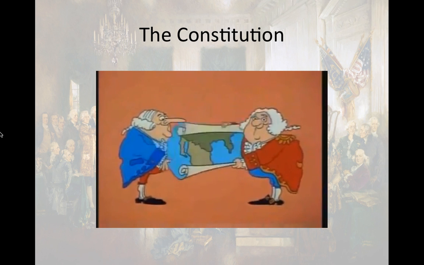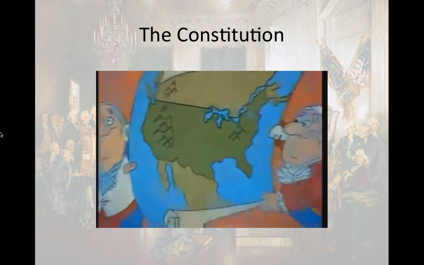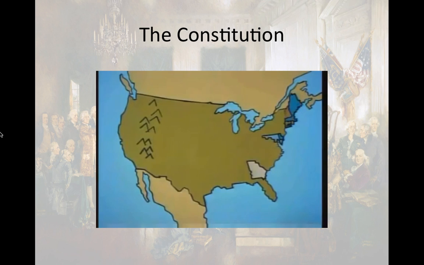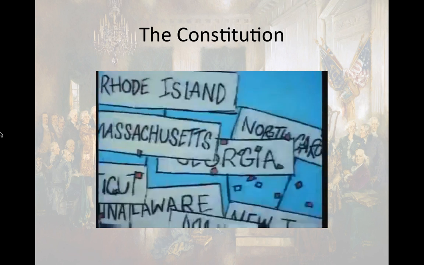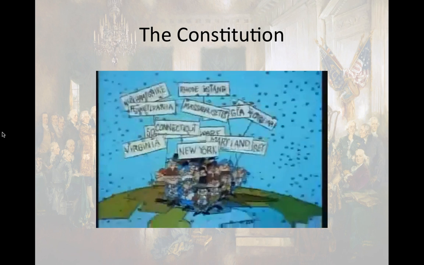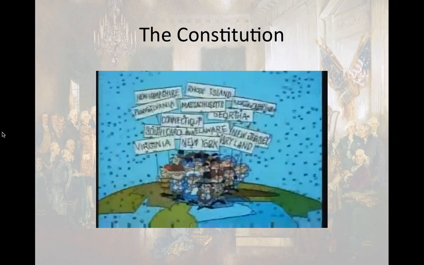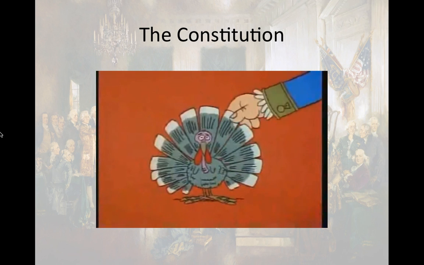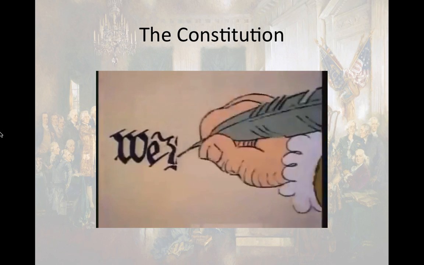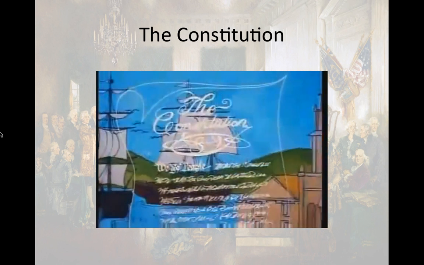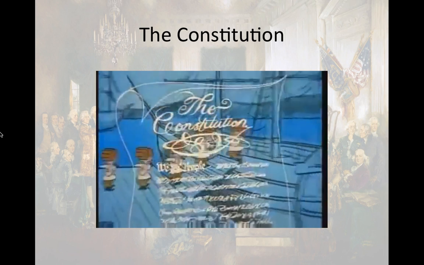The USA was just starting out, a whole brand new country, so our people spelled it out, the things that we should be. And they put those principles down on paper and called it the Constitution. The first part of the Constitution is called the preamble.